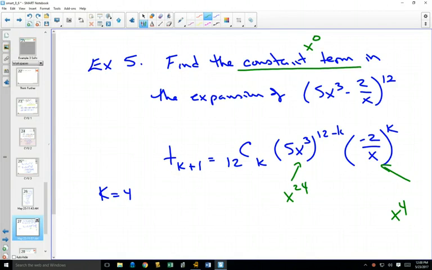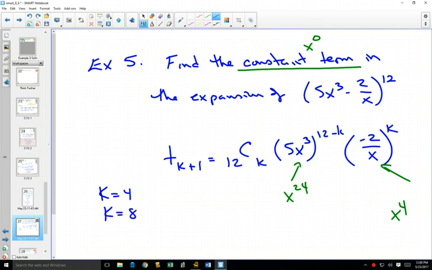We want all the x's to cancel out. So what does that tell us? Should we make k bigger or smaller if we want more to cancel out? Some say bigger, some say smaller. Bigger? So tell me a k value bigger than 4 that still doesn't work.